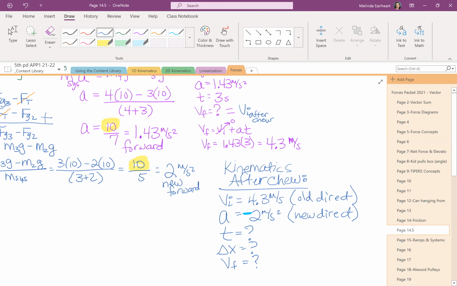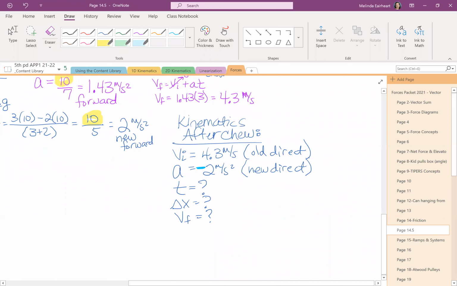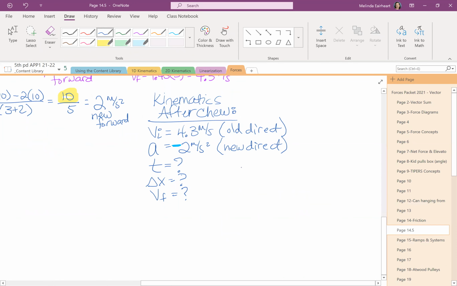With a higher acceleration, okay, if all we considered was, well, when does it bring it to a stop? You got a higher acceleration, you're basically reversing the change in velocity. And so we can do that though. Let's do that. Using the same equation, VF equals VI plus AT.